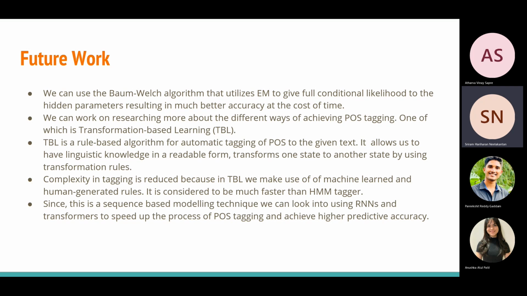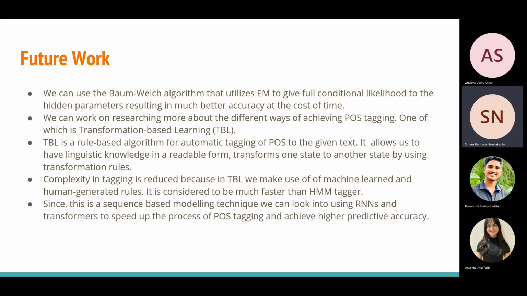The other one is transformation-based learning, which is one of the modern methods that we use in POS tagging. It's a rule-based algorithm which automatically tags the POS for a given text, and it also gives us a readable format of the transformations from one state to another by using transformation rules.